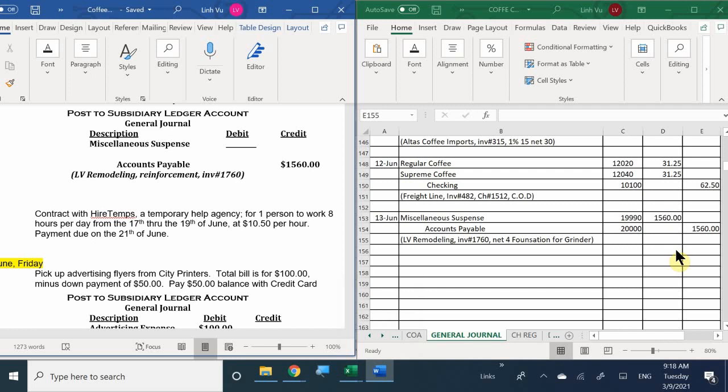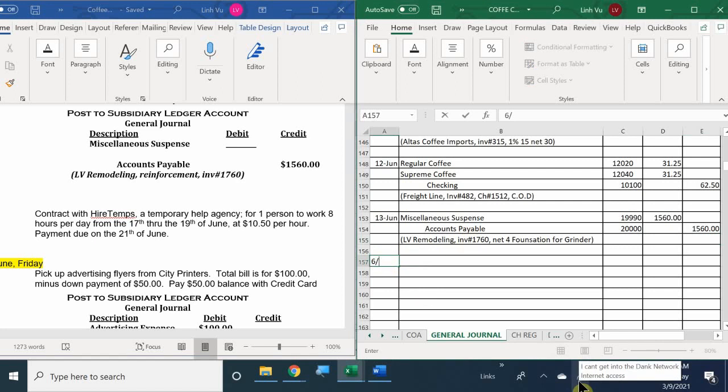I picked up my flyers, so I've actually incurred an advertising expense. But because I made a down payment, I have to redeem my voucher on the 14th. So I am recording advertising expense because I actually have the flyers.